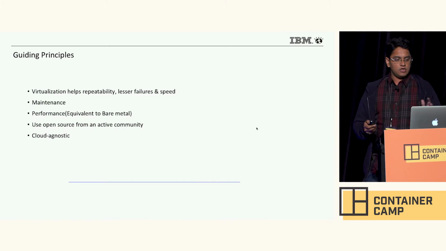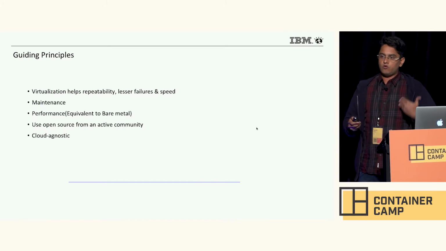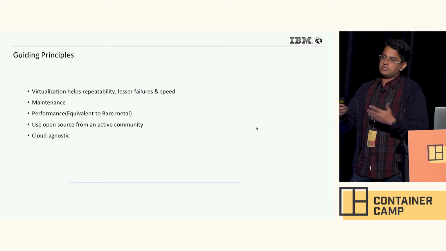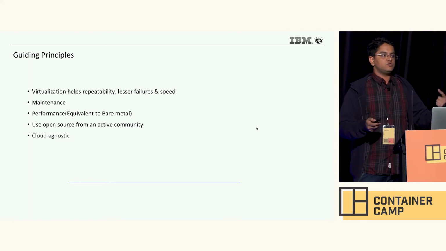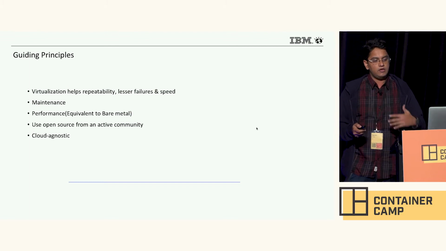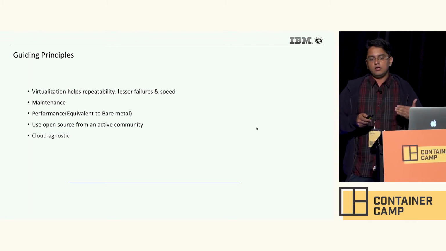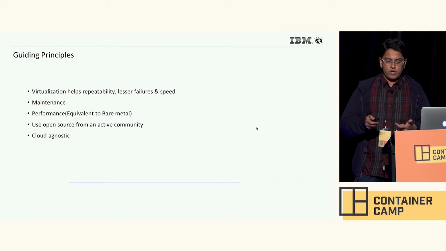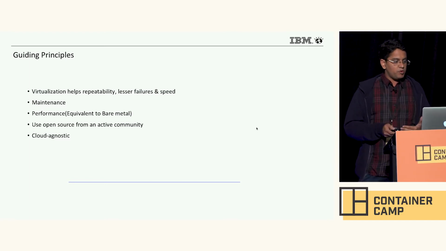So from our experience and from the requirements we had, we laid down some guiding principles for deciding what technology we are going to use. The first one was that we need virtualization. We are not going to create the clusters directly on the bare metals, but we need some virtualization over the bare metals, which will take care of my dependencies to be met.